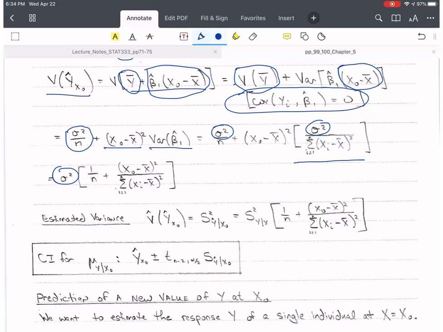So this is our variance. But we have this unknown population parameter in here, and we need to estimate this variance. And we do that by plugging in the estimate for our sigma squared. And that estimate is right here, s sub y given x squared, okay?